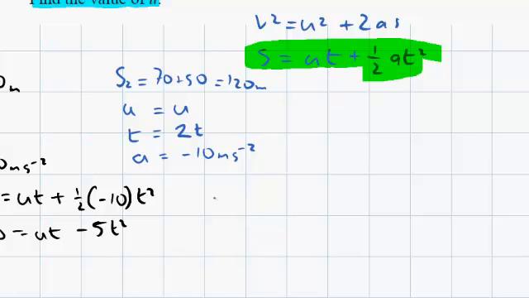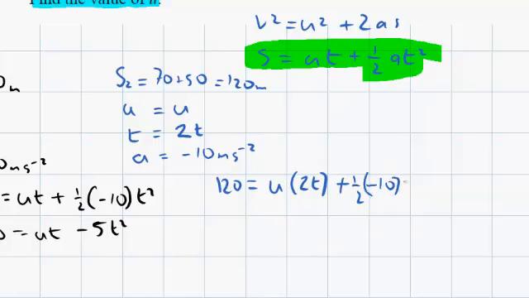Now I'll go with the next one and I'll continue with the colour scheme. For this one we've got 120 is equal to ut, in this case it's 2t, it's twice the time has gone over, plus 1/2 at squared, so it's minus 10. Let's redo that.